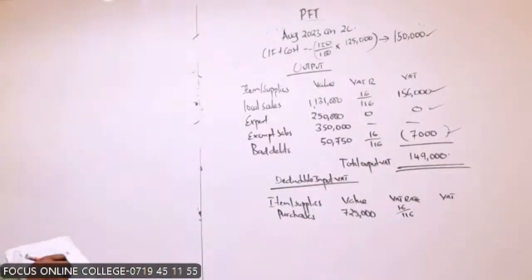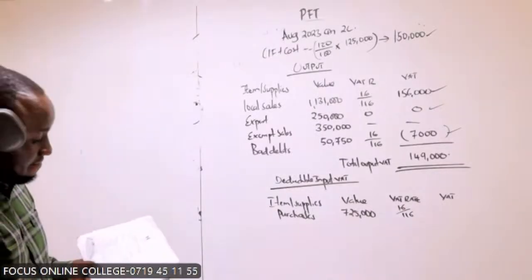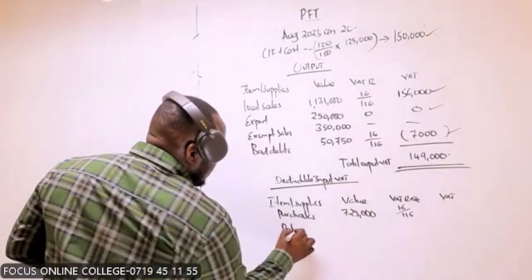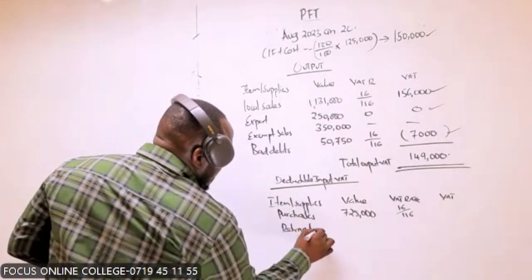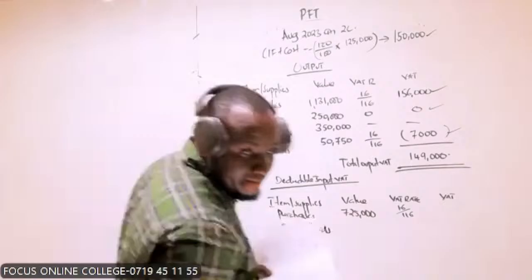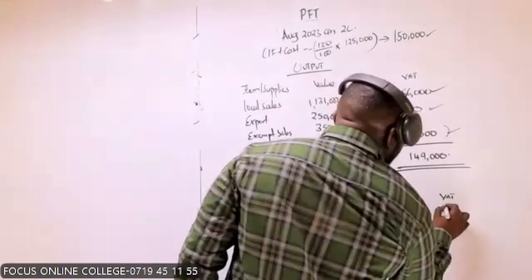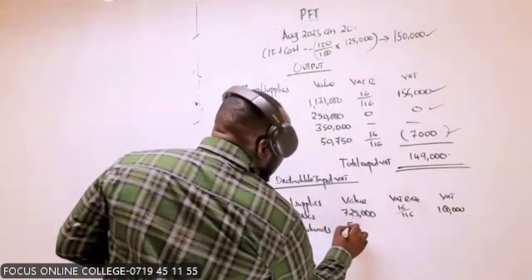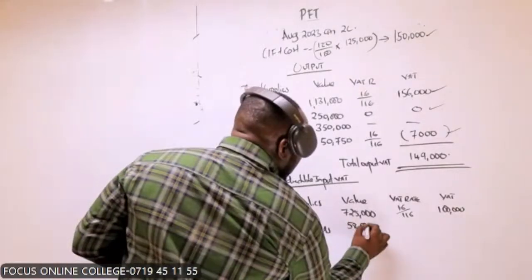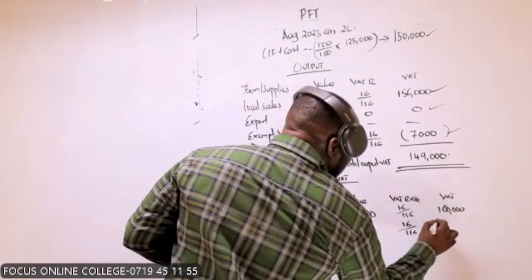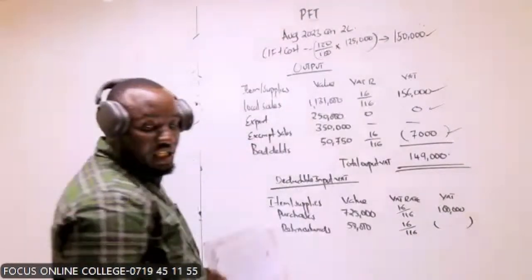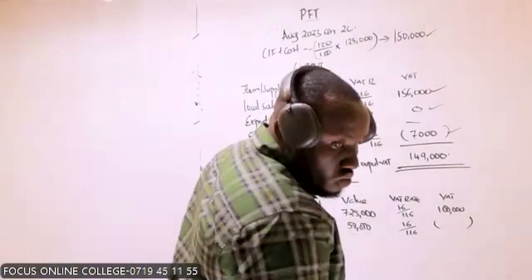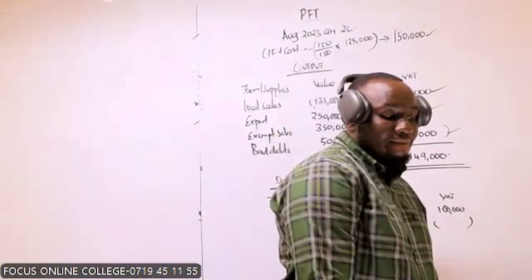How much is that? 100K. So the return outputs was 58. So what is the return outputs? The figure? Give me the figure.